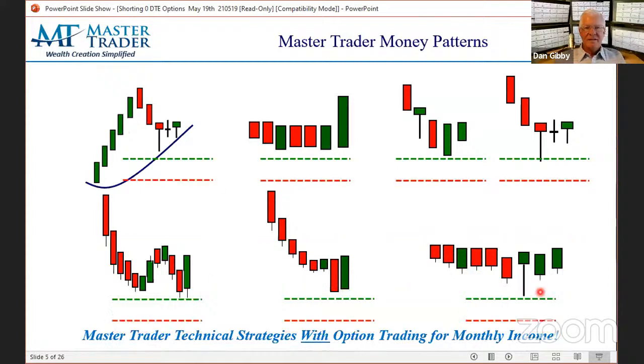On 0 DTE day, you can either do it naked if you don't have a problem with buying power, or just buy a real far out of the money put where you're only paying pennies for it. And then the difference of those two numbers is what goes into your account.